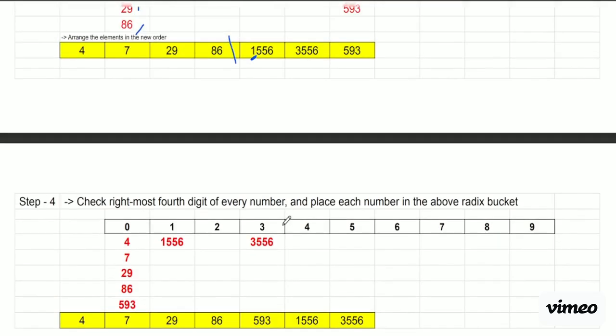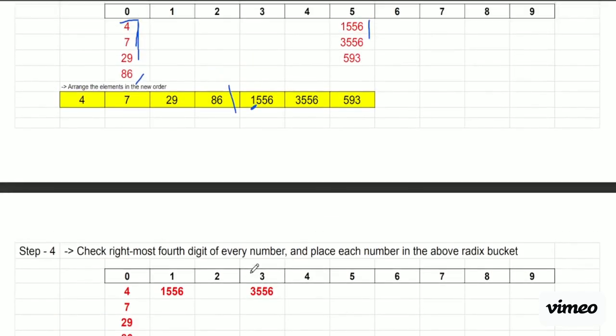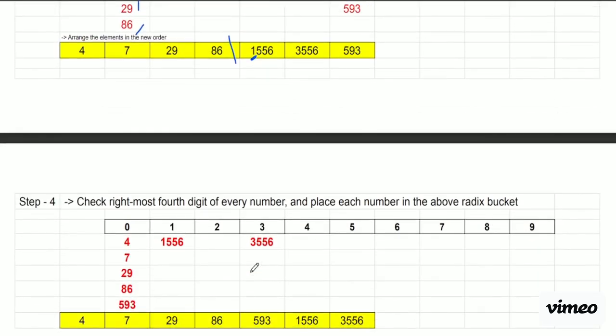In the 4th time, there is no comparison, remember. We will be looking at the digits in the thousands place. Whichever element doesn't have a thousands place will just be sitting in the 0th bucket.